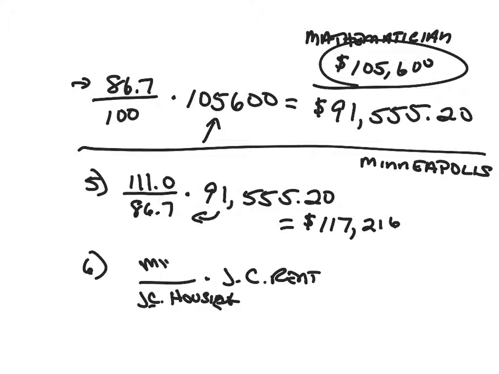Up on top, I would have the Minneapolis housing number. And for number 7, I would do the same thing except for rent, I'm talking about groceries. There is a grocery column. So I'll let you figure those out for yourself.